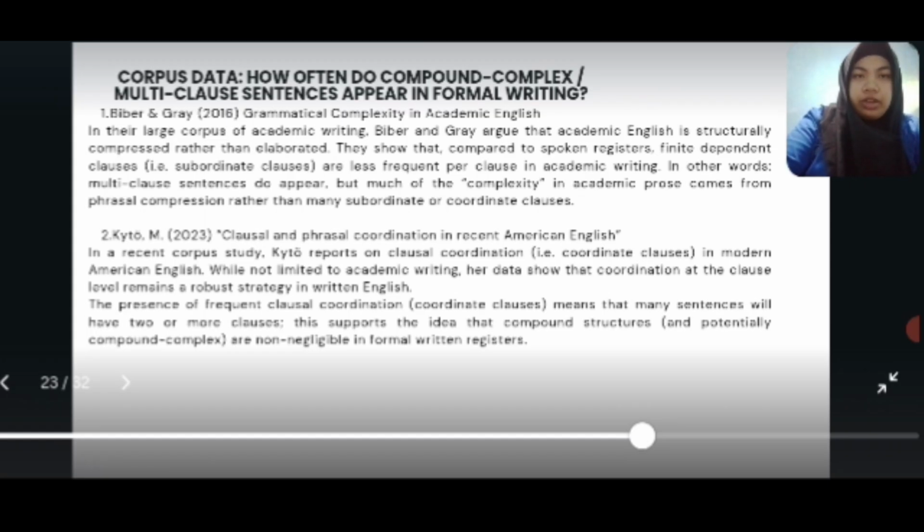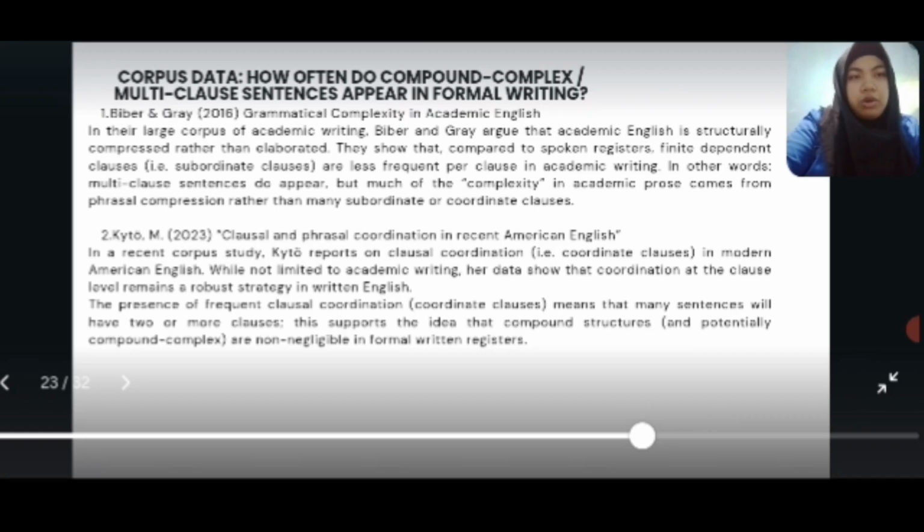And then the second one is Kreyer 2023, Clausal and phrasal coordination in recent American English. In a recent corpus study, the author reports on clausal coordination, in other words, coordinate clauses, in modern American English, while not limited to academic writing.